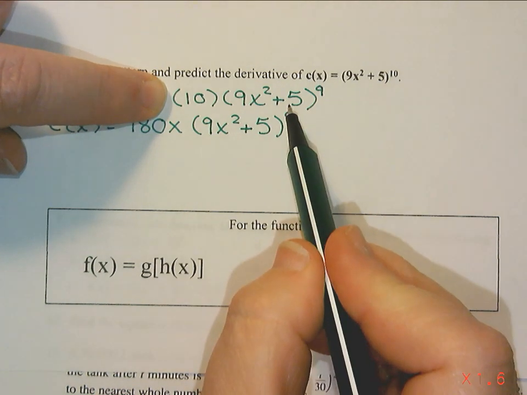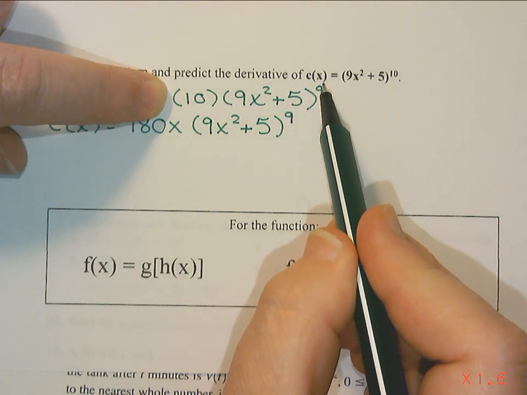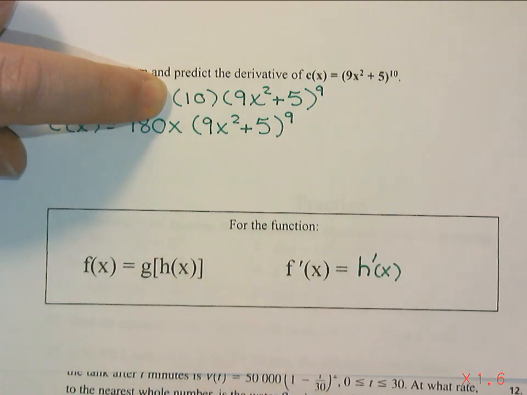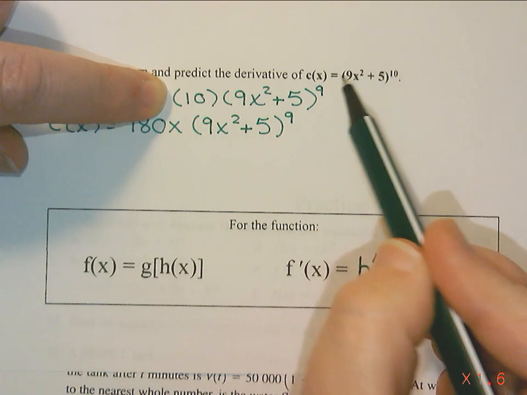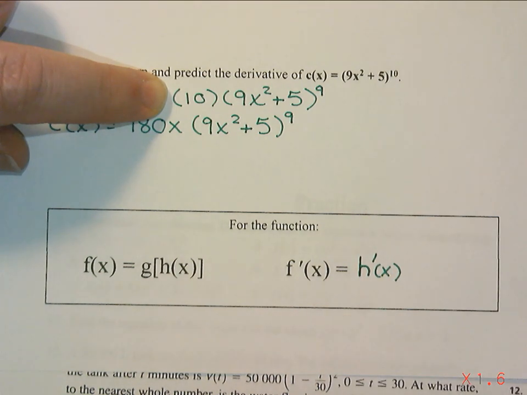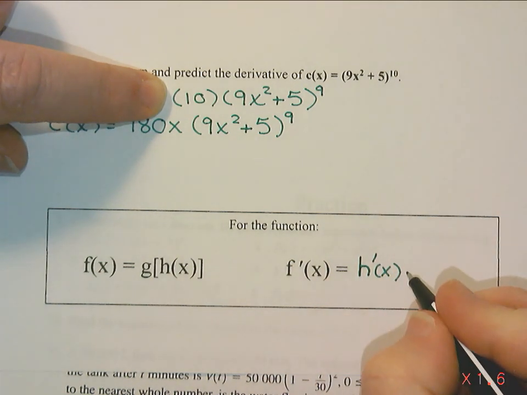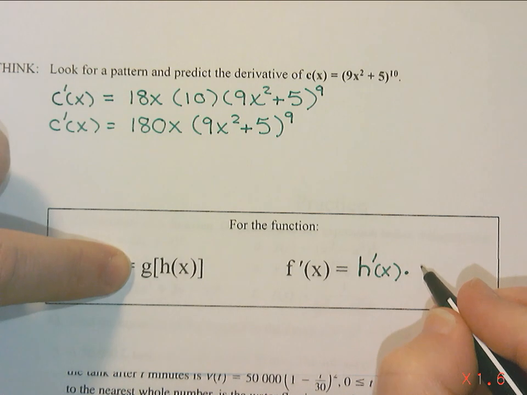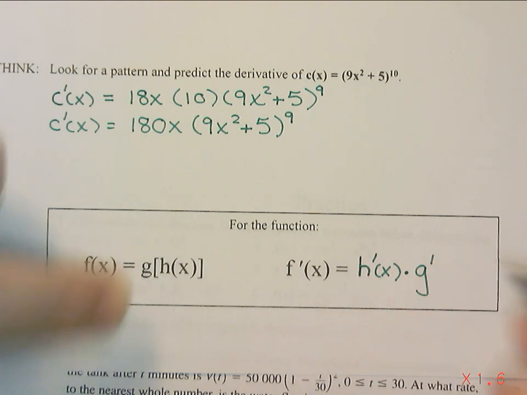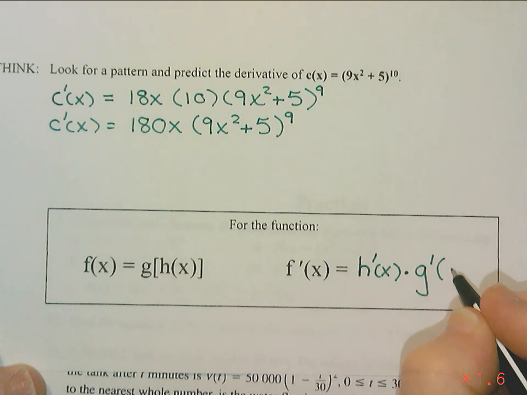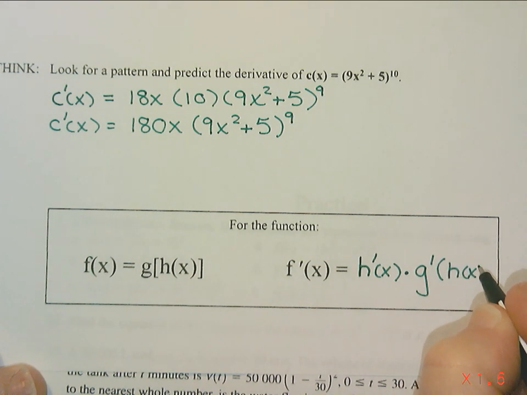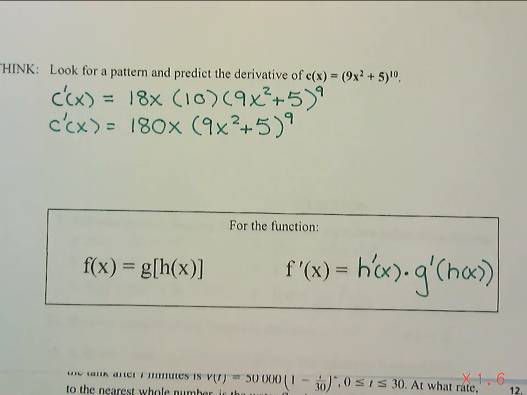You have the bracket, you take one off the exponent, you multiply the coefficient by whatever's in front. That was how we did power rule. We did the exponent times the coefficient, and then we took one off of the exponent. So we're really multiplying this by the derivative of the outside function, so like the actual power with the bracket there, of h of x. Right? So with that inside still in there.